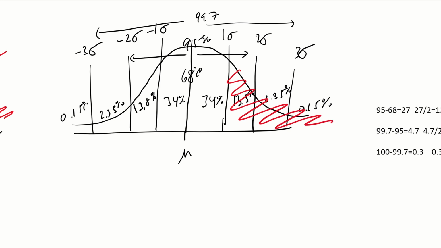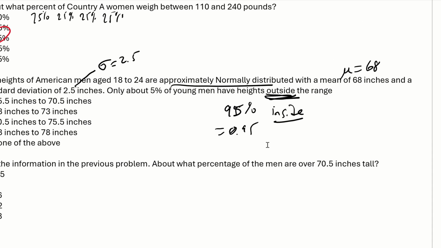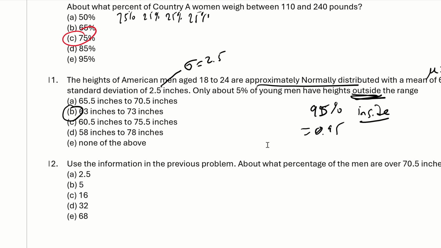That means I add these percentages up: 13.5 plus 2.35 plus 0.15. If I add that up, I get 16%. So what percent of young men are over 70.5 inches tall? The answer is 16%. The answer is C.